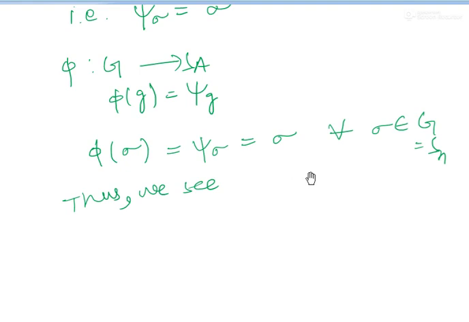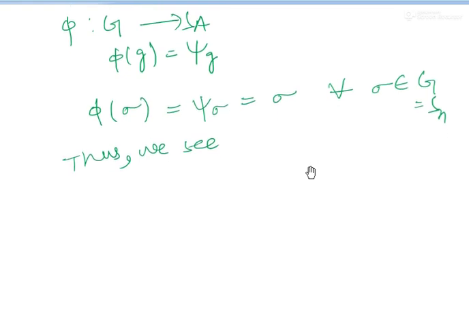So thus we see, you can complete this statement: thus we see that the permutation representation associated with the following group action of the group Sn on the set A = {1, ..., n}. In the following group action you can write the definition of the group action, that sigma dot i is sigma of i, is the identity map. Let me write the complete statement.